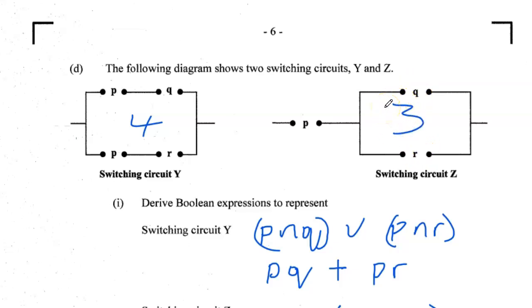So switching circuit Z has one less switch.